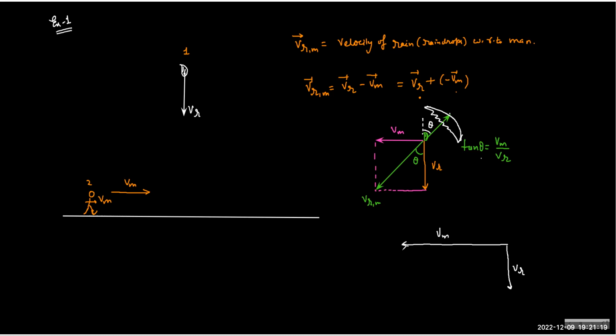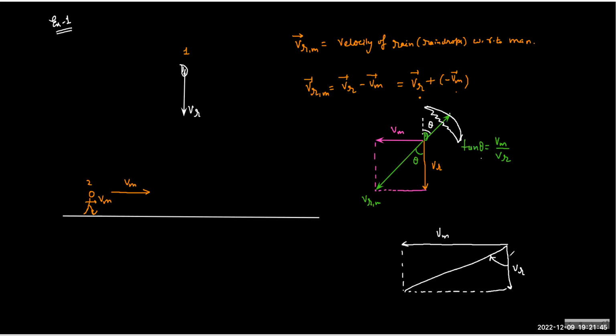So the resultant will be like this, no? So theta has increased or decreased, tell me. Increase. So as VM grows in value, the angle theta will increase. Do you all realize this? Yes, sir. So that's a very typical question.